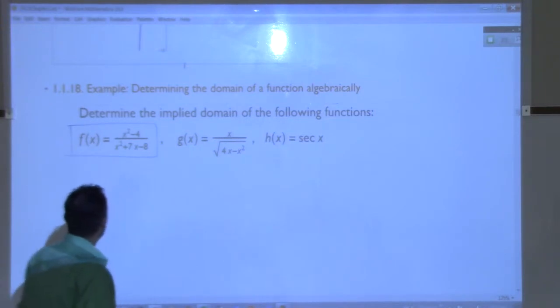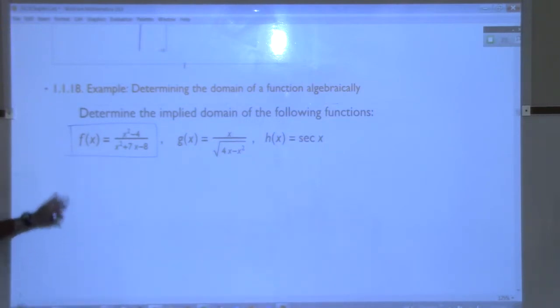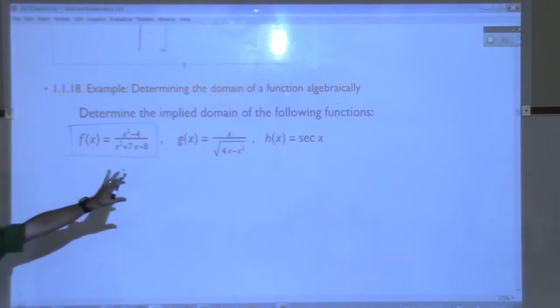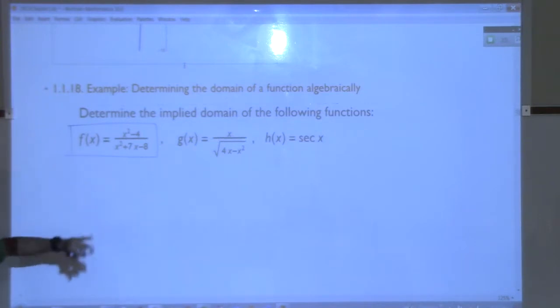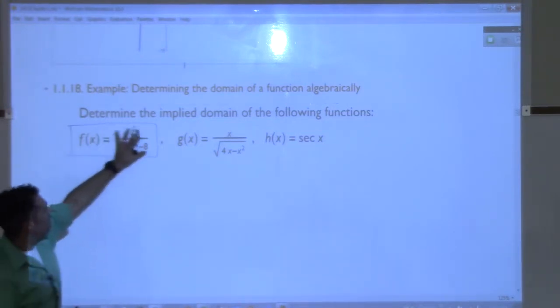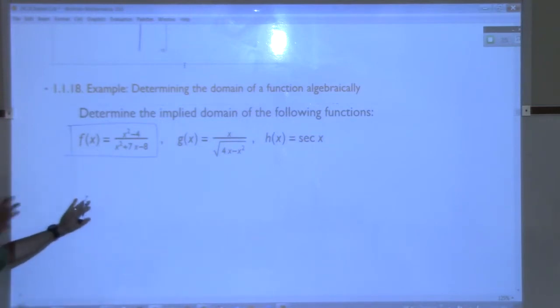All right, Marcus, when I want to determine the implied domain of the function, how do you feel about that? Iffy. Okay, iffy. So domain is the stuff that you're allowed to plug in. When you look at this function, is there anything that jumps out at you as a potential problem we would run into? Dividing by 0. Dividing by 0, right?